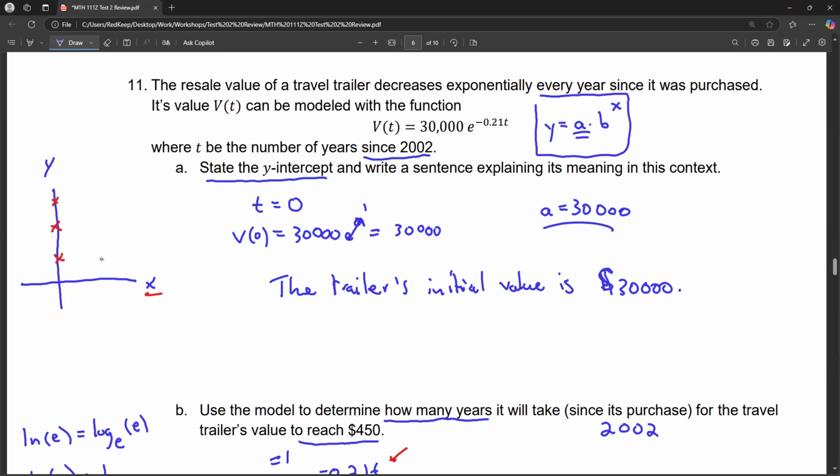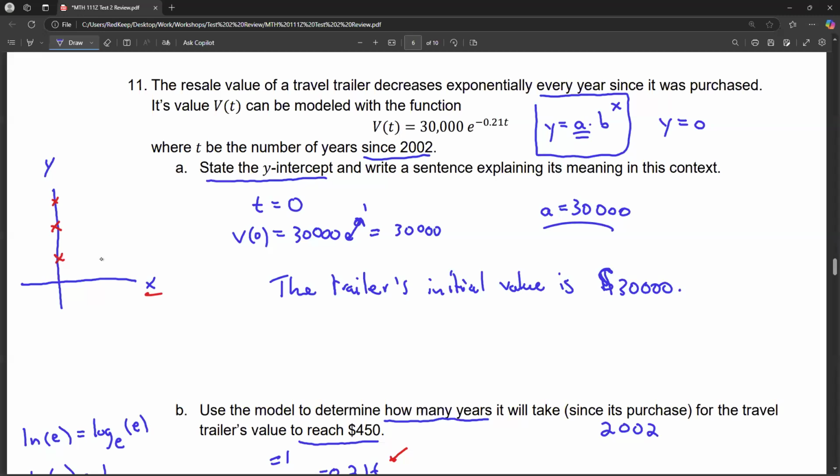And if you know your exponential equations pretty well, which this is good for studying or memorizing if you can, or writing on a note card, we know that the horizontal asymptote for this guy is equal to 0. And so our equation, this v of t, is not being added or subtracted.